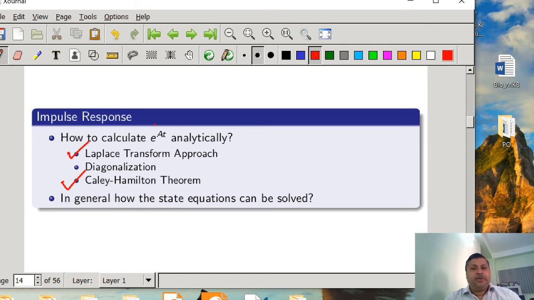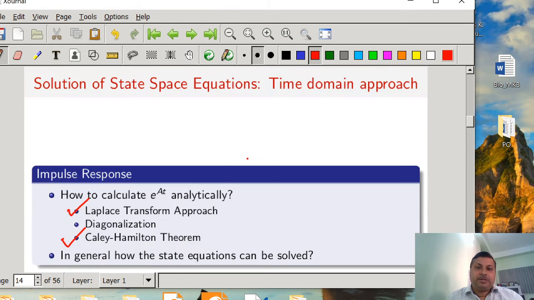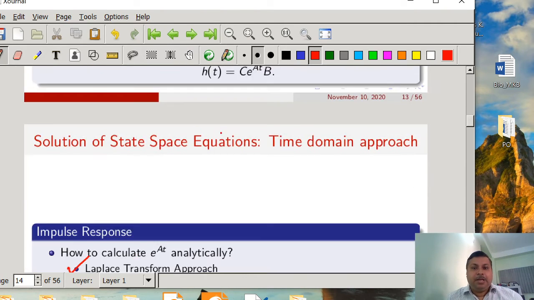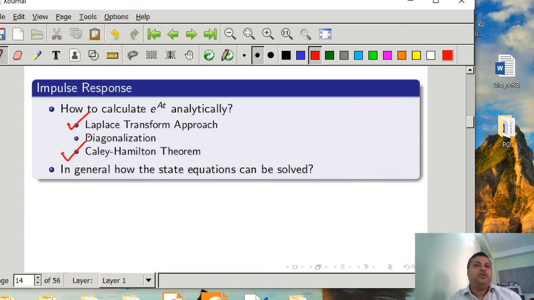At the same time, we are interested to know that here we have computed the time response, meaning the impulse response of the system. This is the expression of the impulse response. But in general, if we want to solve the state equations in time domain, what would be the way? So in general, for any input, if you want to compute the system response, or solve the state equations, we want to know how the state equation can be solved.